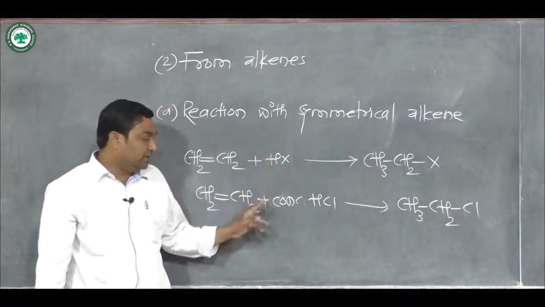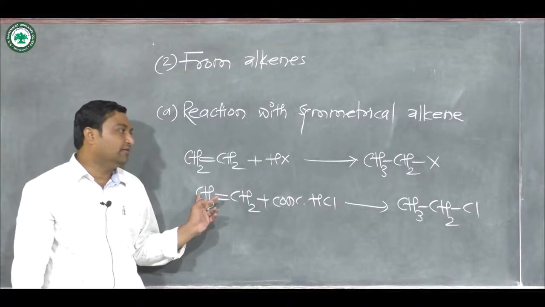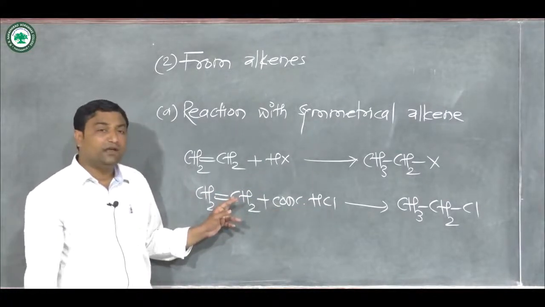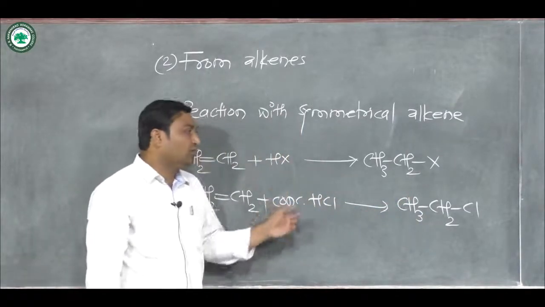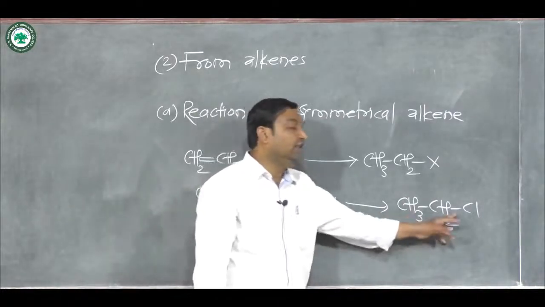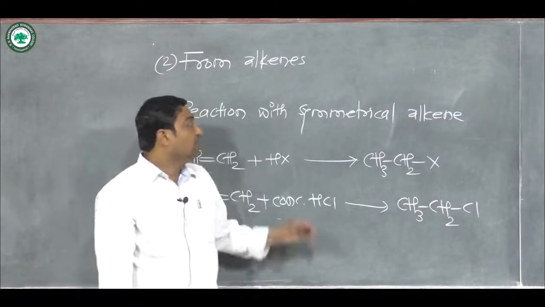If this hydrogen atom goes to this carbon atom and Cl goes to the other carbon atom, or vice versa, the result will be the same. The result of this reaction is nothing but ethyl chloride.